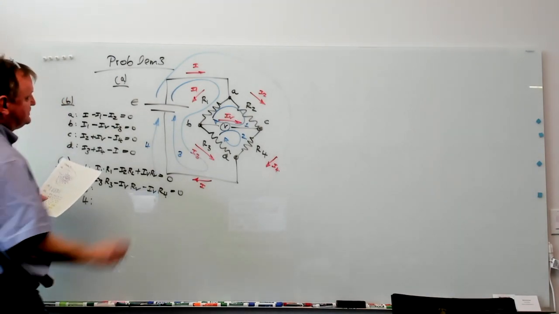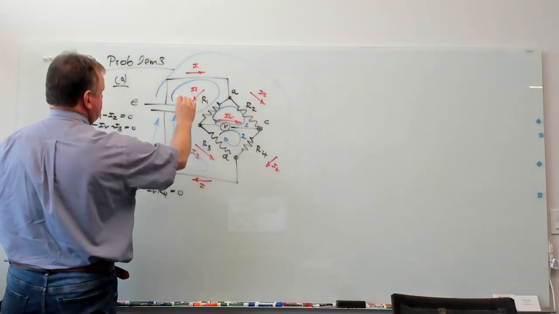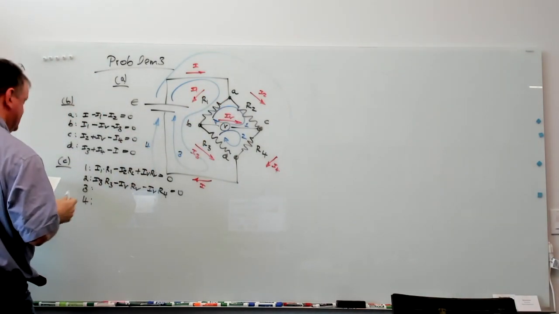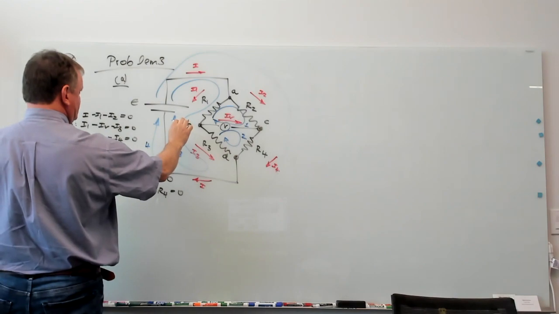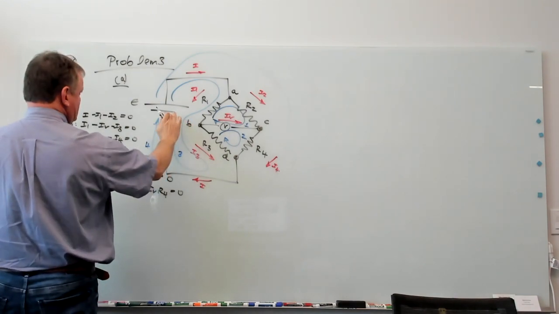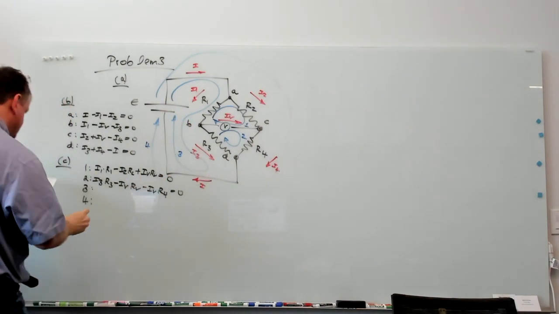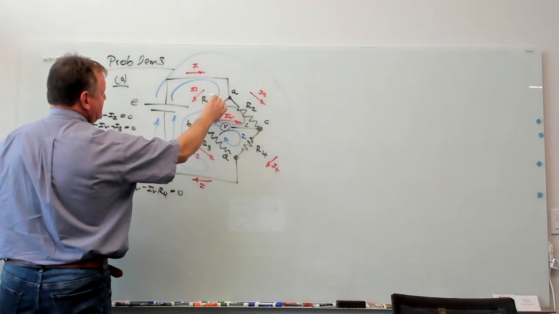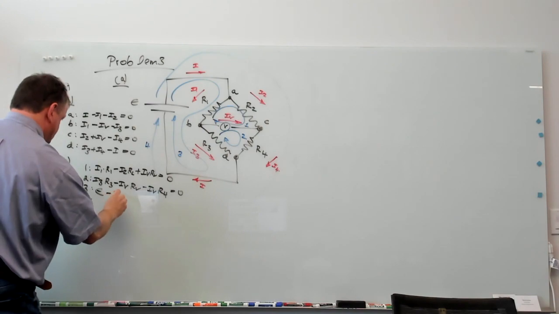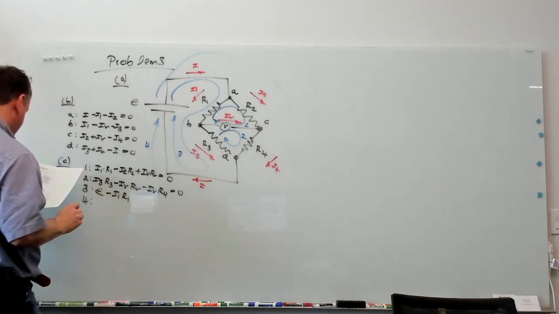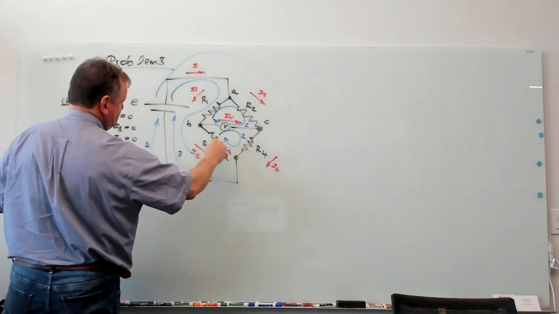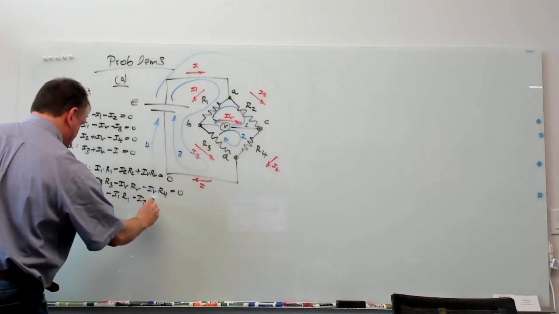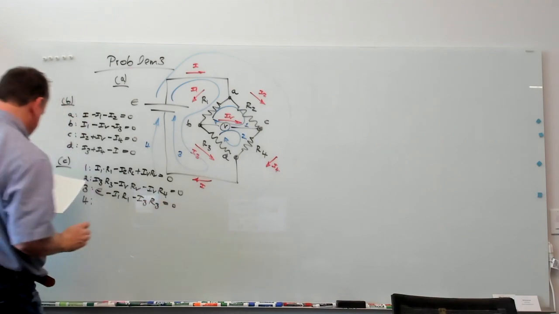Then we come to the third loop here. You walk in the same direction as the current. Let's first start here with the battery, in fact. Walking through the battery from the lower to the higher potential, so this is therefore positive epsilon. Then in the same direction, so this would be minus I1 R1. And then through the same direction as current I3, so minus I3 R3 equals 0.